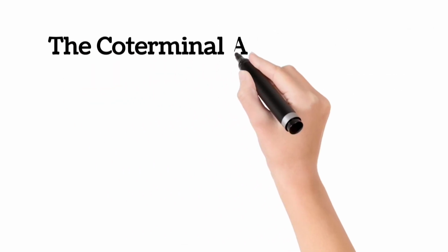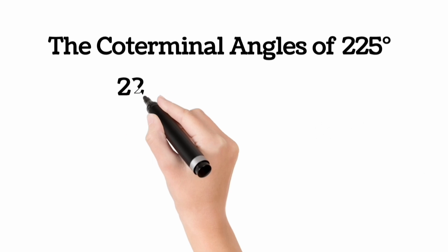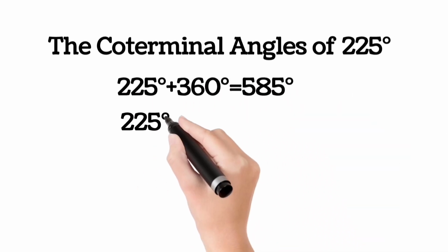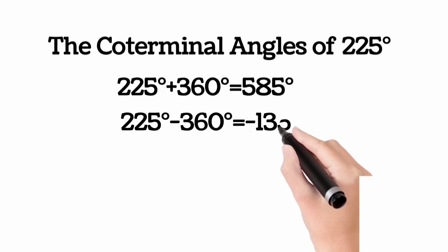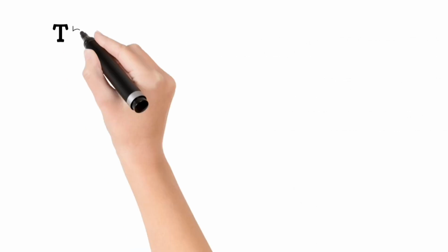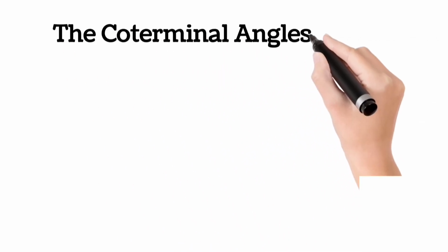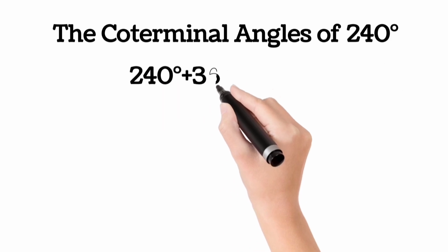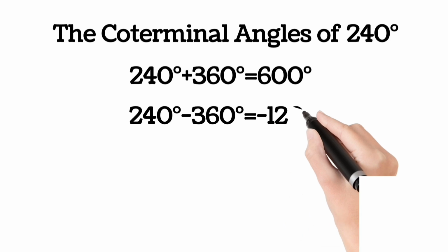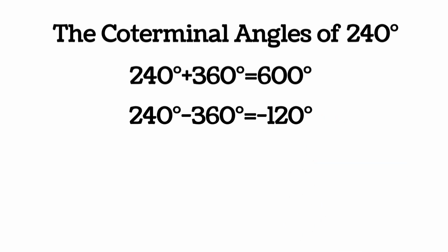The coterminal angles of 225 degrees are 225 degrees plus 360 degrees equals 585 degrees, and 225 degrees minus 360 degrees equals negative 135 degrees. The coterminal angles of 240 degrees are 240 degrees plus 360 degrees equals 600 degrees, and 240 degrees minus 360 degrees equals negative 120 degrees.